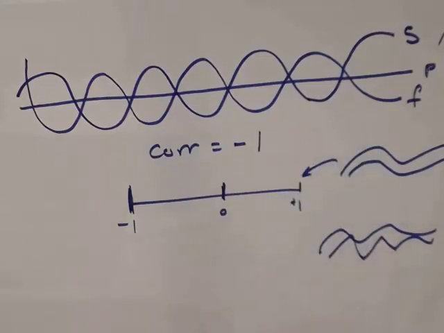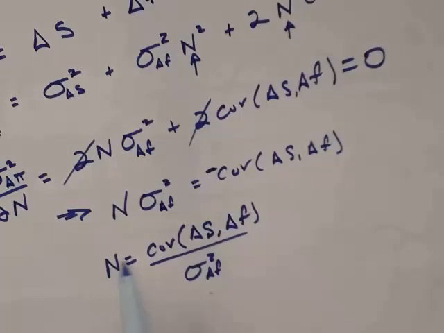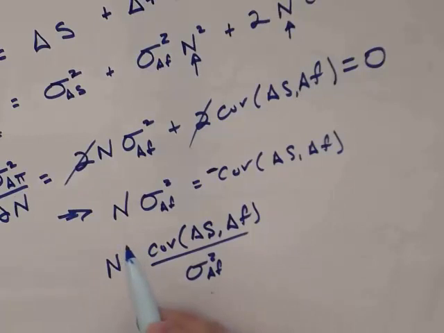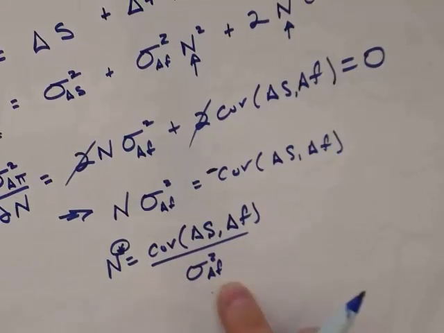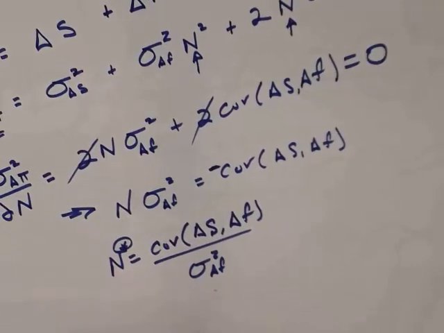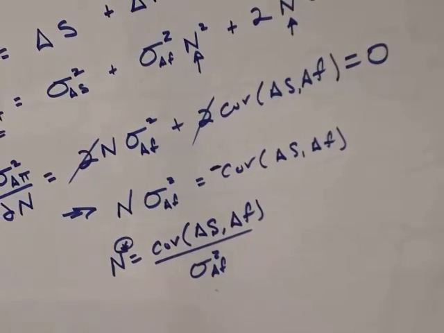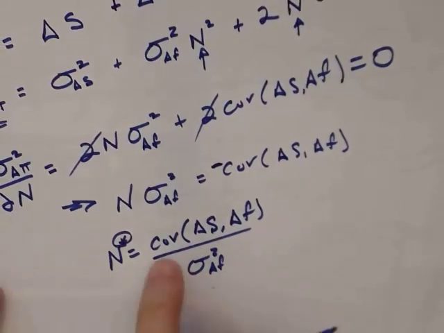Now, call this N star here, because this is the optimal number of futures contracts that we want to hedge with. Instead of 1-to-1, maybe it'll be 1.2-to-1, or maybe it'll be 0.8-to-1. It's this covariance term.